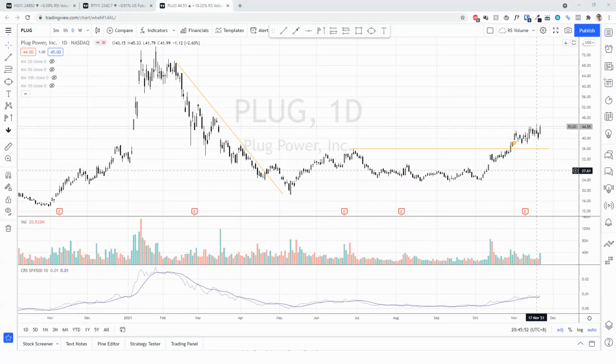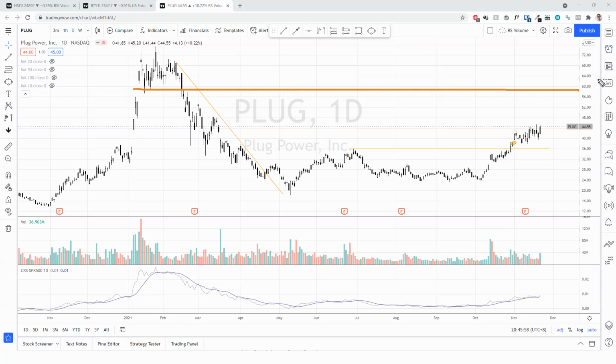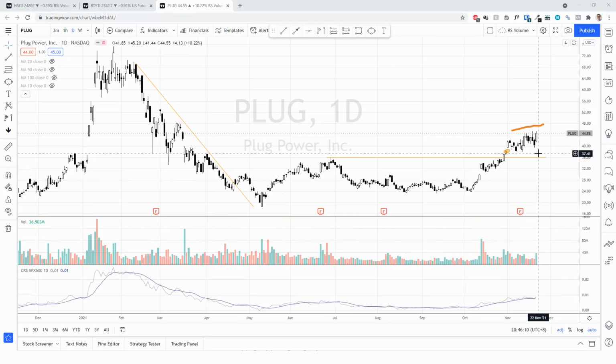So if everything is still running well, I guess 60 could be a reasonable target. And at the moment it's around 45. If this range, look at this, let me zoom in again.